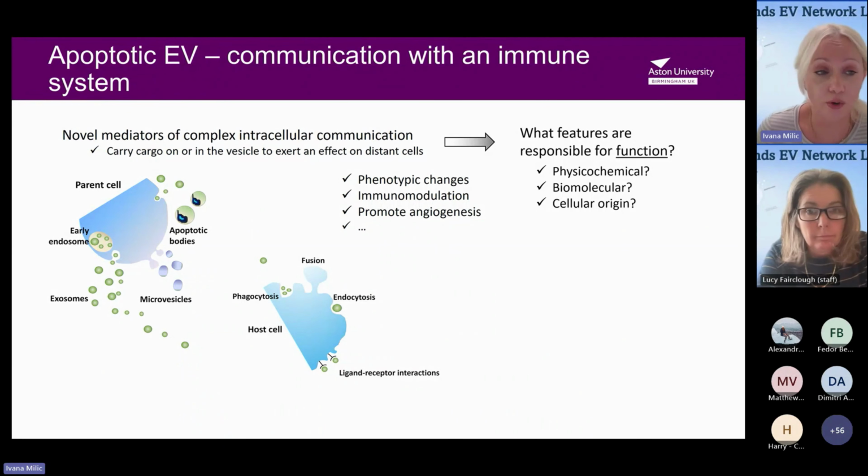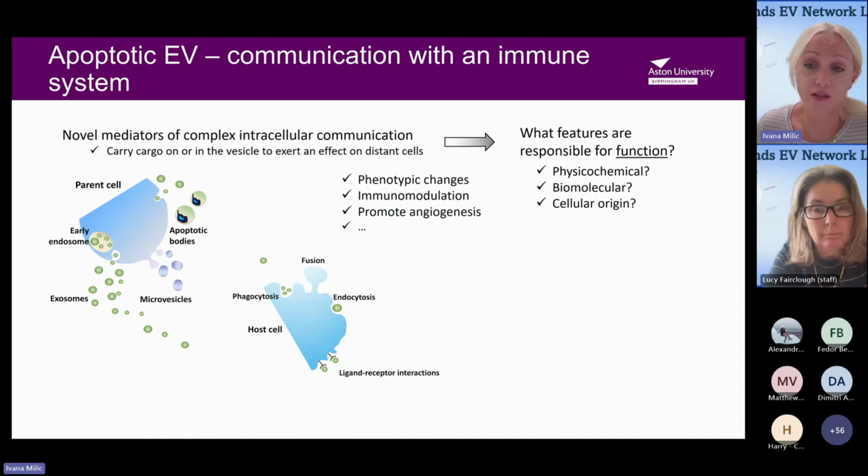Is there going to be a protein? Is there a lipid? Is there a metabolite? Is there a genetic material that EVs are carrying? Or is it perhaps due to the fact that the EVs are derived from different cells or different cellular subcompartments? And when I joined Aston University, this was actually the first thing that I was tasked to do.